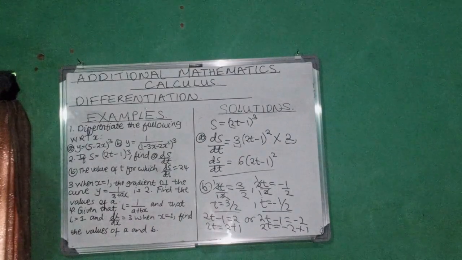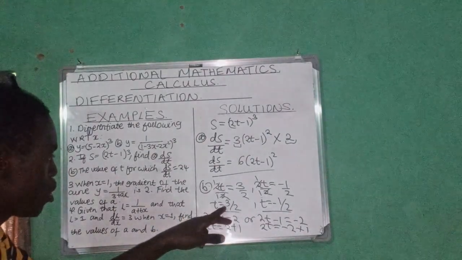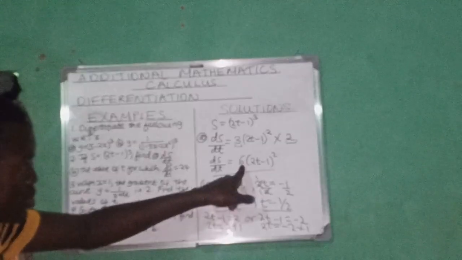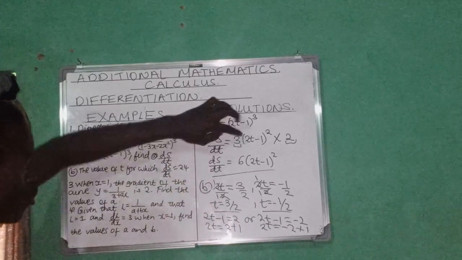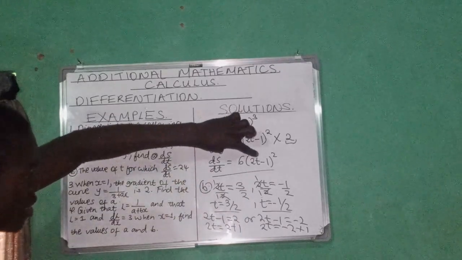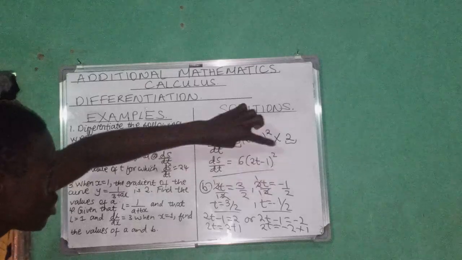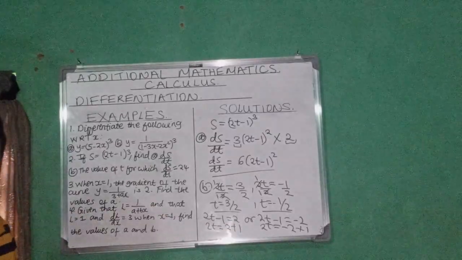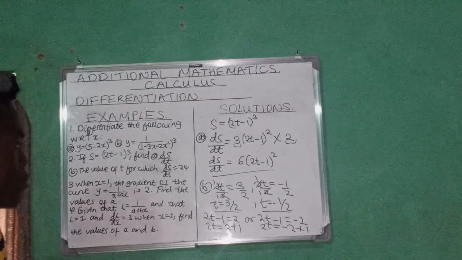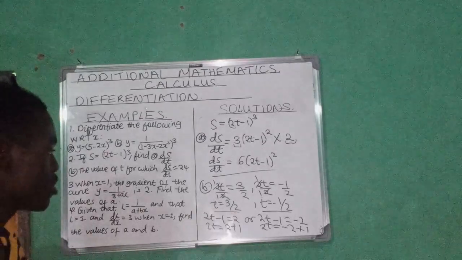Even though they say find the value of t, you can substitute these two, okay, into this, and you're going to have 24. So wherever there is t here, you put 3 over 2, or you put negative 1 over 2, and you're going to have a final answer of 24 if you were to prove these two particular answers.